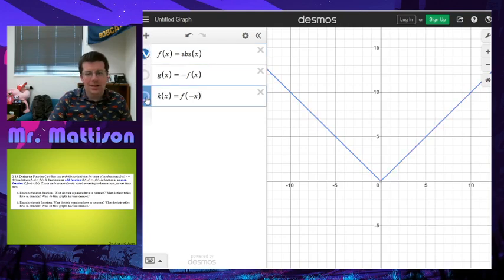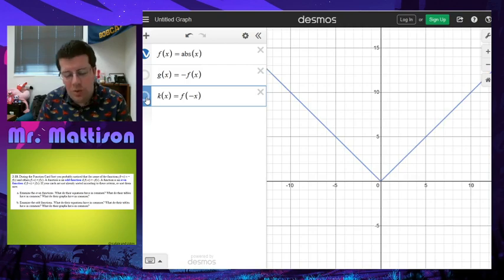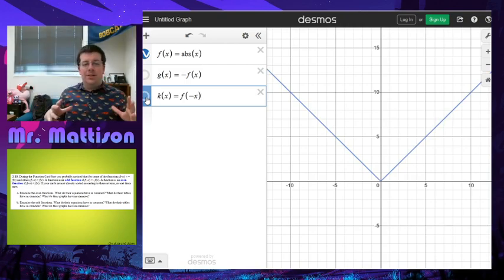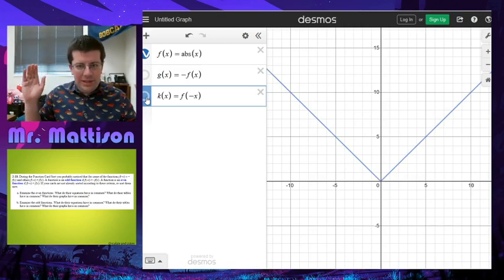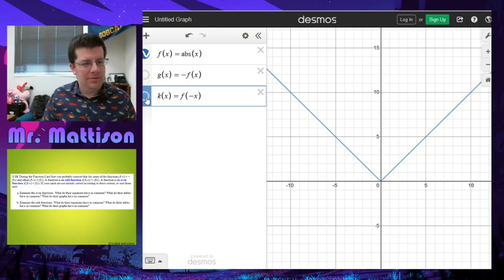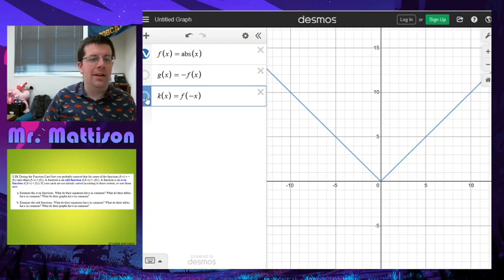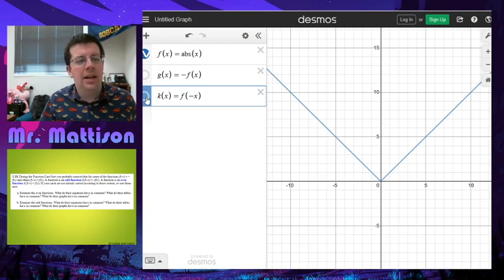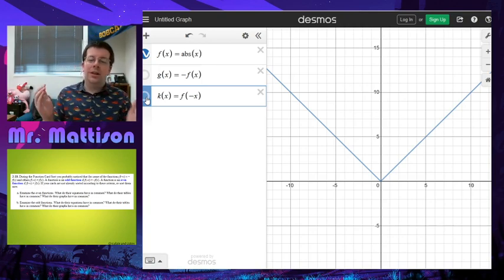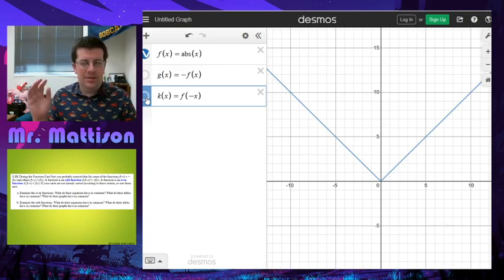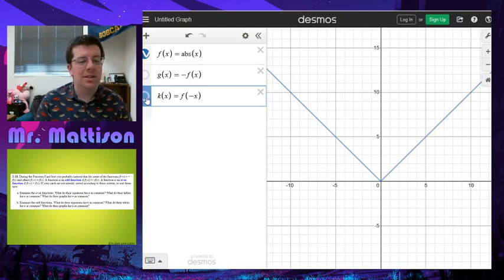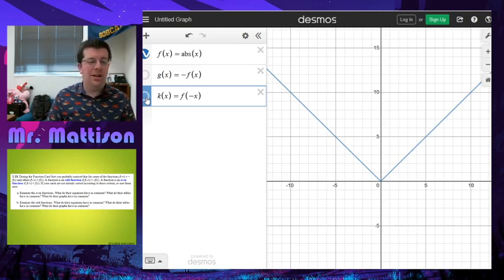So that's going to be an even function. Even functions are always symmetric over the y-axis, meaning if I flip it over the y-axis, it doesn't change the graph at all. For an odd function, doing a horizontal flip or a vertical flip gives you the exact same result. And if neither of those things is true, then it's neither.